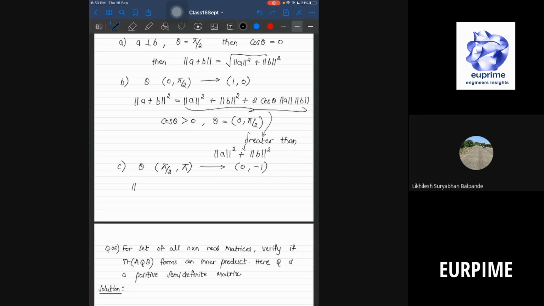Here, since cos theta takes values between 0 to minus 1, this term will go negative, and hence this will be less than norm of a square plus norm of b square.